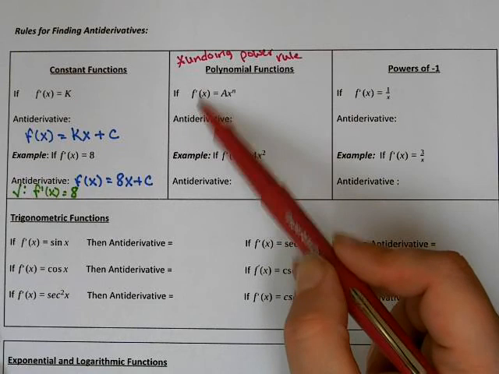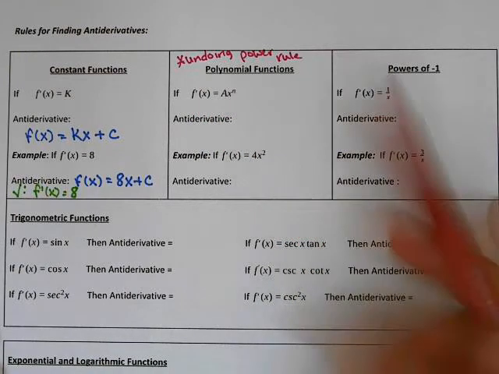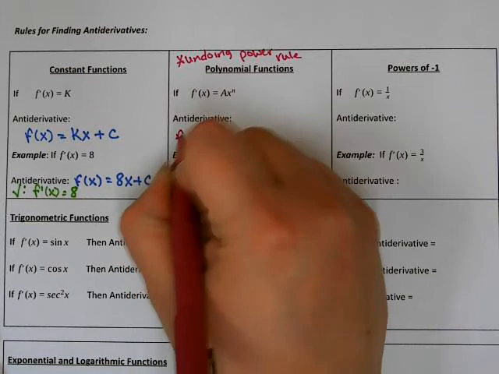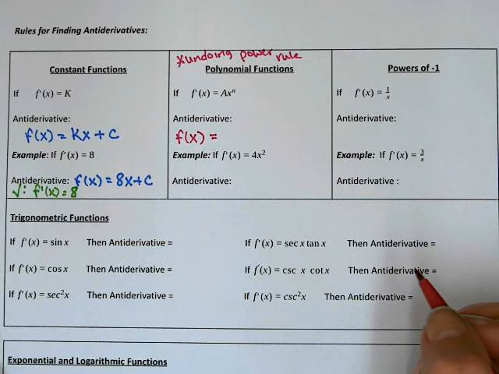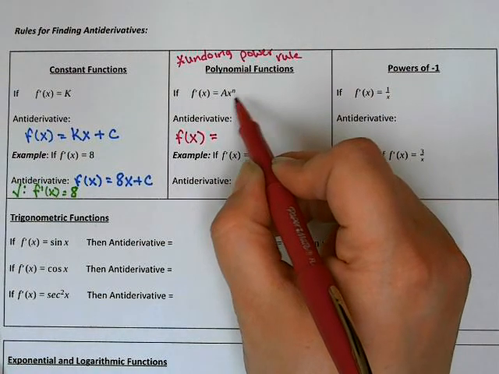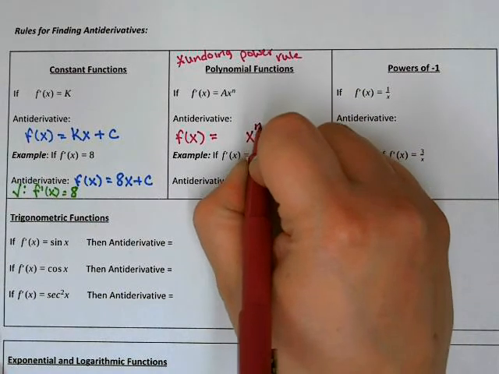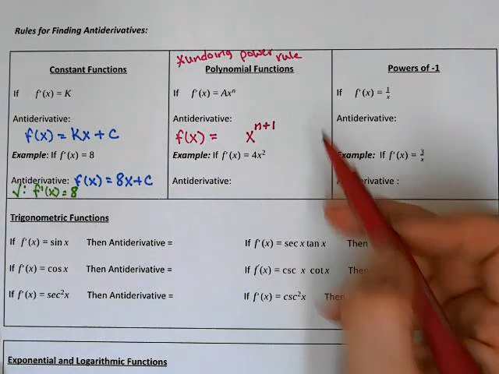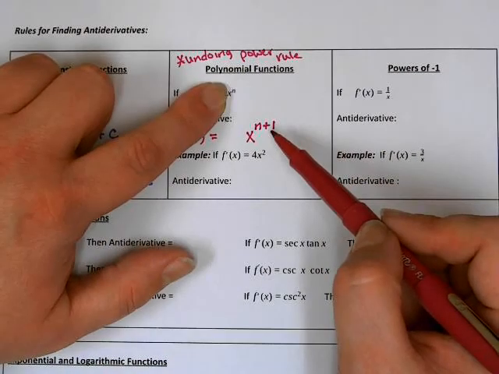So if the first derivative, or f prime, is equal to a times x to the n, then the antiderivative, f of x, is going to equal, well, let's think through this for a second. We know that when we're taking a derivative, we subtract 1 from the exponent, which means now I'm going to need to add 1 to the exponent, which means this is now going to become a x to the n plus 1.